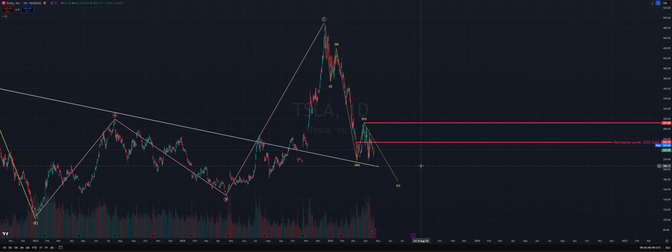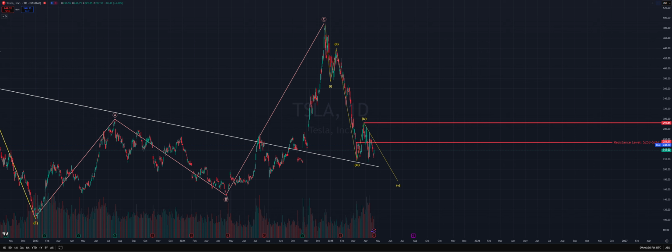Now, what I would like to see Tesla do for a bullish case scenario is get above 555 to 562 and break this 291. It needs to get above this 291, break this level to invalidate this fourth wave, and maybe retrace back down and find support at this 253 level over here, saying that you're forming a new higher low.